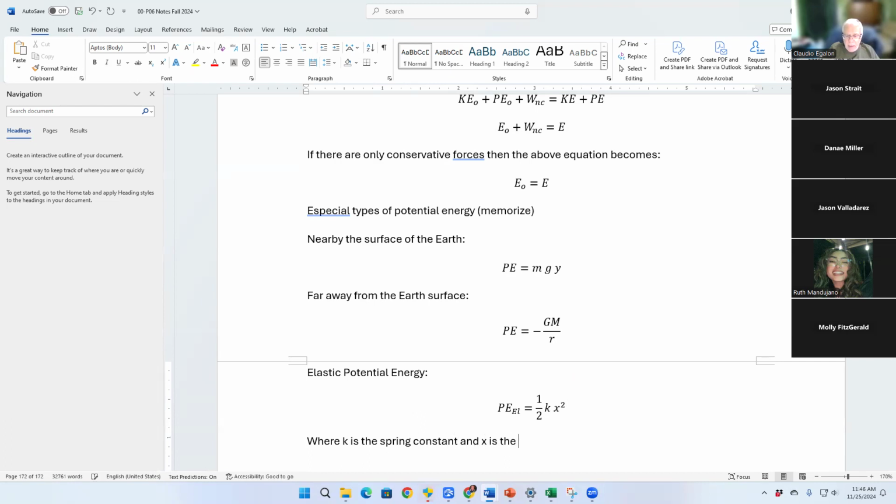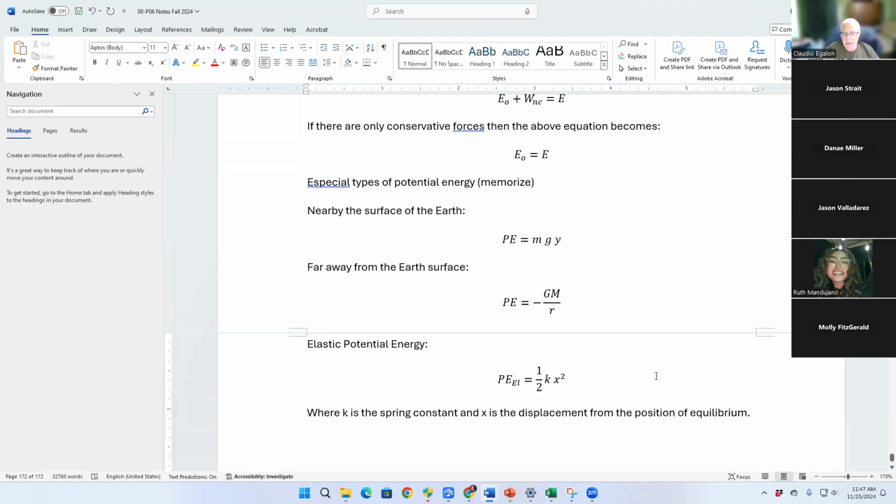And x is the displacement from the position of equilibrium.